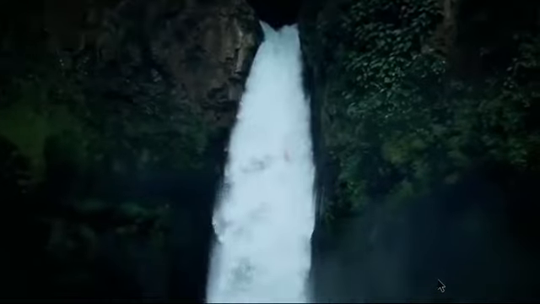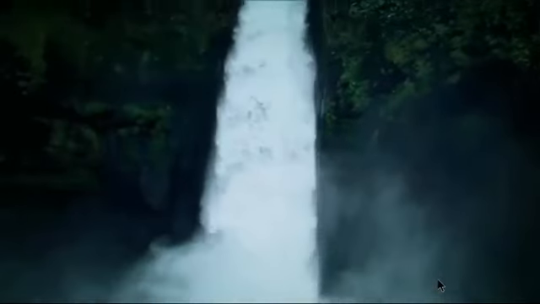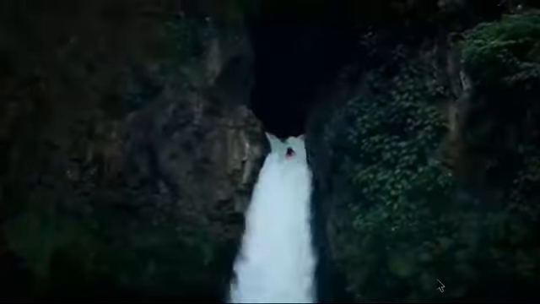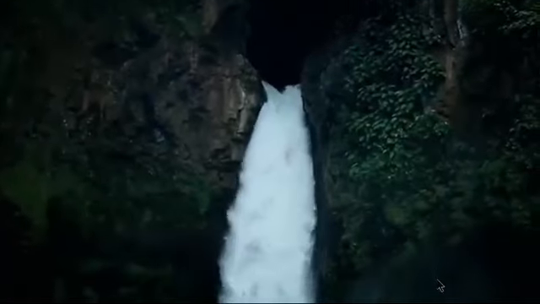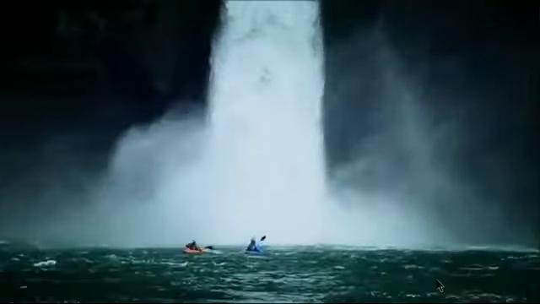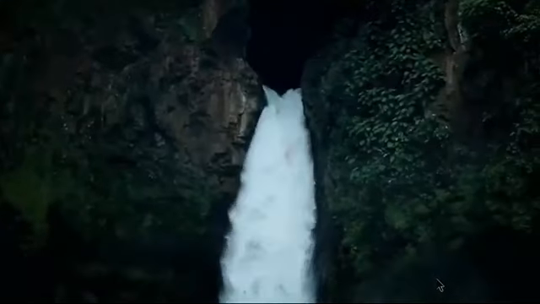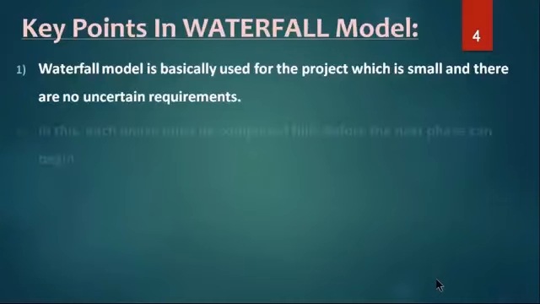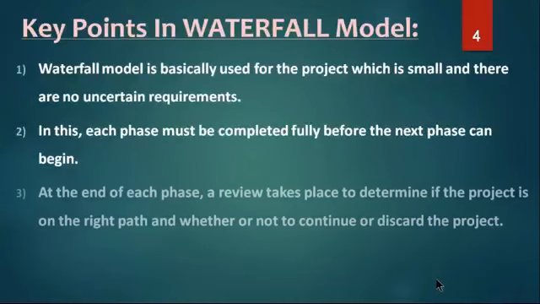See, with the waterfall, once we get in, you cannot come back again. There's no reverse going, no way of going in reverse. That's why they gave it the title waterfall. Step by step we follow. When you look at the key points in the waterfall model, as we discussed, even agile comes from waterfall. The waterfall model is basically used for projects that are small and have no uncertain requirements.